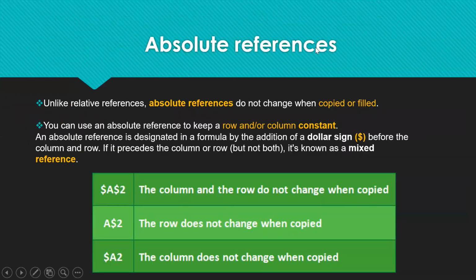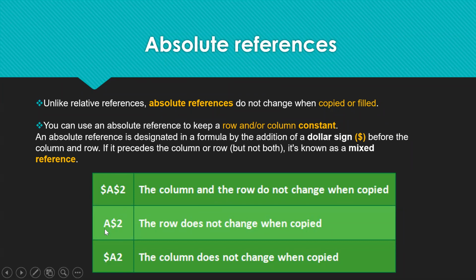Okay, so unlike relative references, absolute references do not change when copied or filled. You can use an absolute reference to keep a row or column constant. What we did in the example is keep the row and the column constant using the dollar symbol.